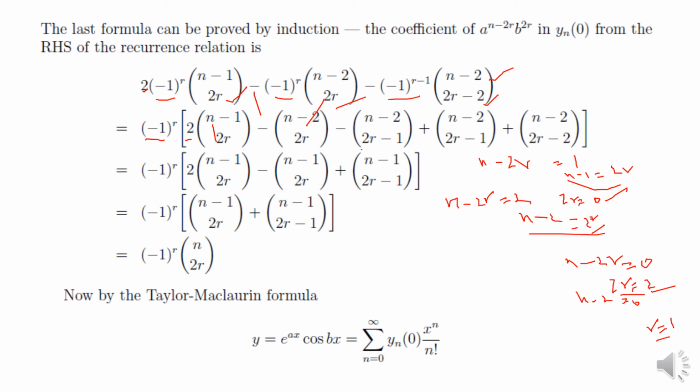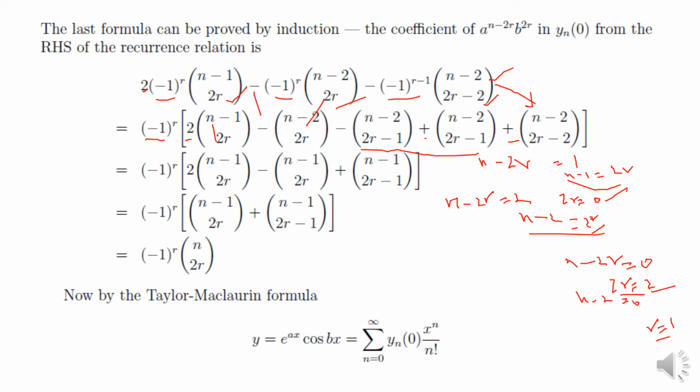Second, this is common, so minus sign is here, this as it is. These two terms, one we have subtracted, another added, same term. So n minus 2, 2r minus 1 subtracted and here added. And because we have taken minus 1 to the power r common, here minus 1 is remaining, so minus minus gives us plus sign, and this term is as it is.